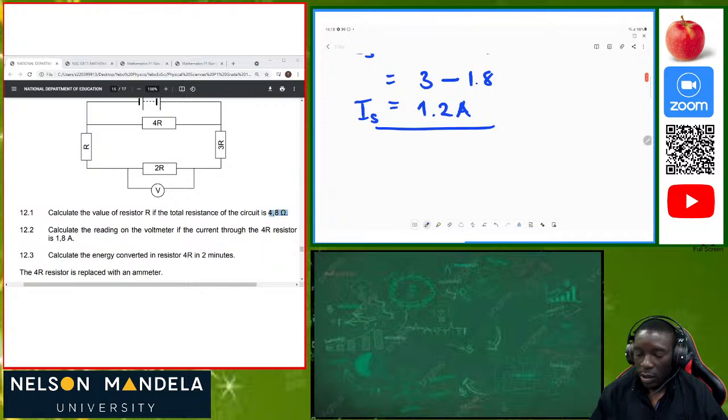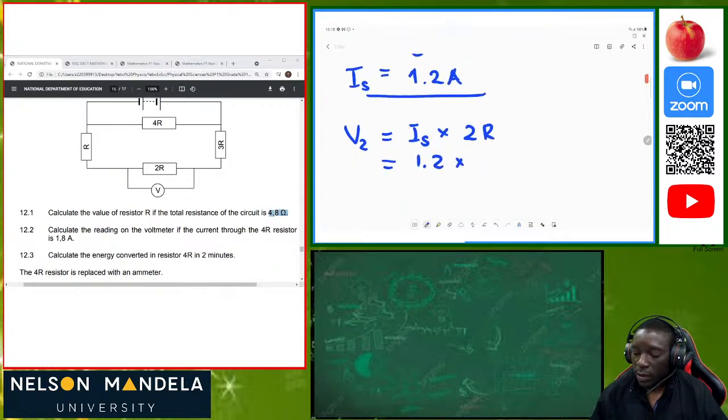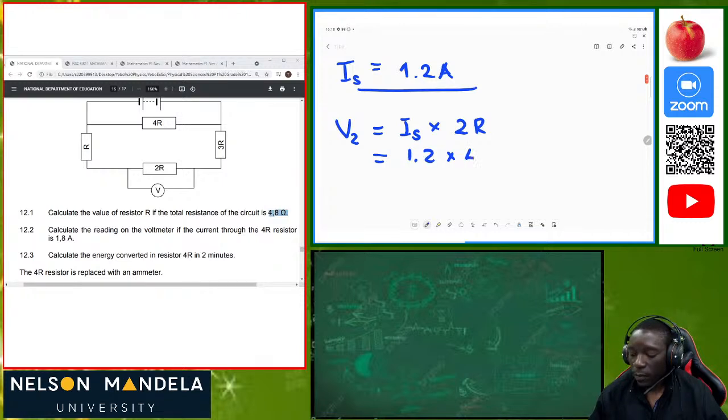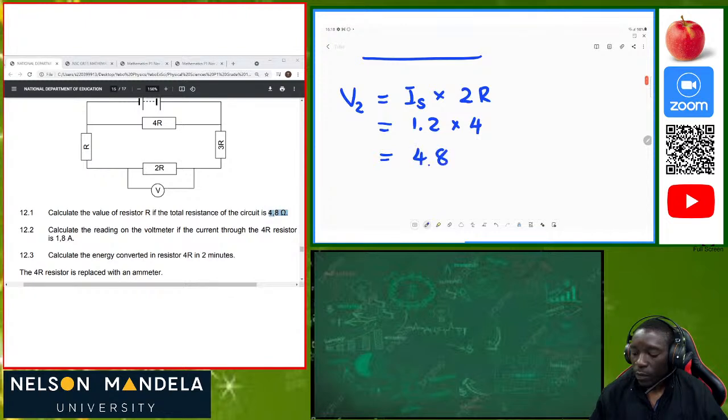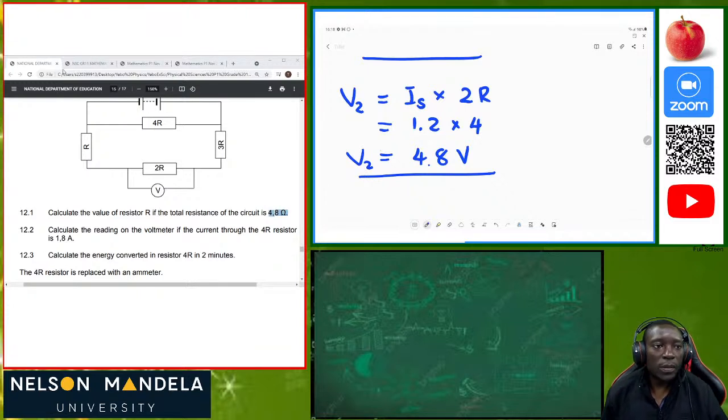So across the 2R resistor, V2 equals IS, the same current, times 2R. That is 1.2 times 2 times 2, which is 4. And V2 is therefore equal to 4.8 volts.